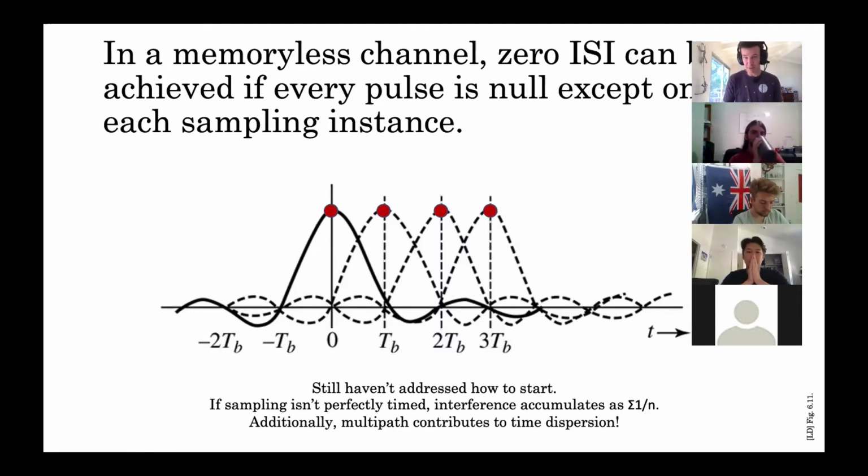The other problem, if that wasn't problem enough, is this small text box at the bottom: if your sampling timing gets off, if you're not exactly at these TBs, then based on the number of bits, if you have sent n bits, you will accumulate error like a harmonic series, which then diverges. If you send more bits, you're completely hosed. Okay.